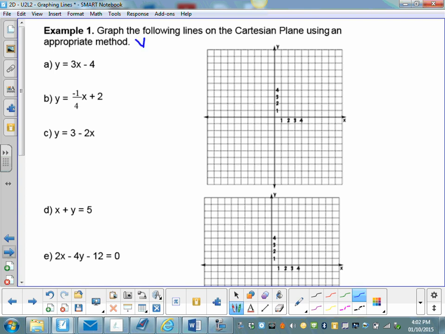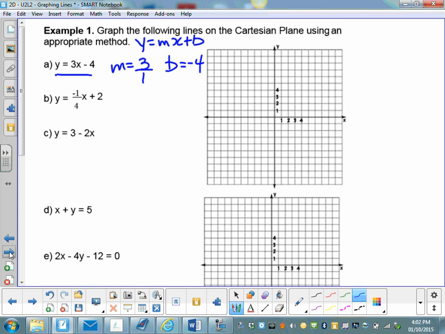So when it's in y equals mx plus b form, like it is in this question, we can identify what the slope is. And when we write the slope, we should write it as a fraction. So 3 is like 3 over 1. And the b value is the number that's on the end, so that's negative 4.